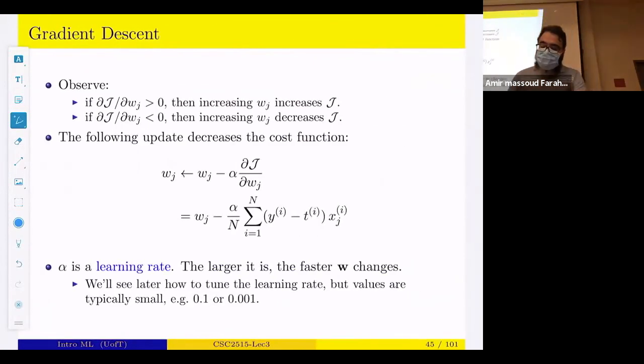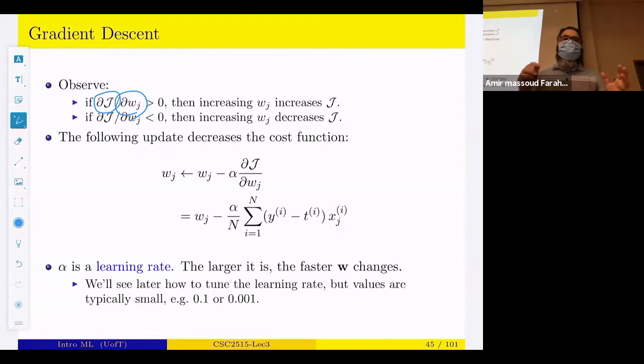The idea here is probably very simple. You know it from calculus. If you have a cost function and we compute its partial derivative with respect to Wj, if that partial derivative is positive, then increasing Wj a little bit increases J a little bit.